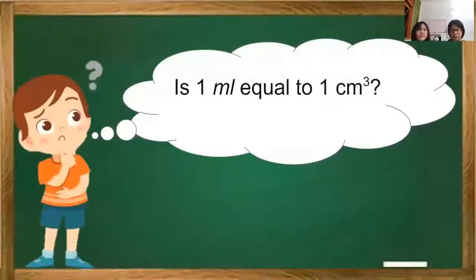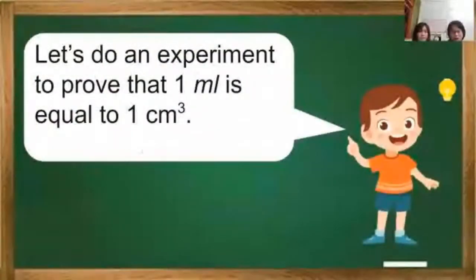After learning how to determine the volume of cube and cuboid, students are now given a question to ponder. Is 1 milliliter equal to 1 centimeter cube? So students have to give their answer either yes or no. After students have given their answer, they will now do an experiment to prove that 1 milliliter is equal to 1 centimeter cube if they agree.